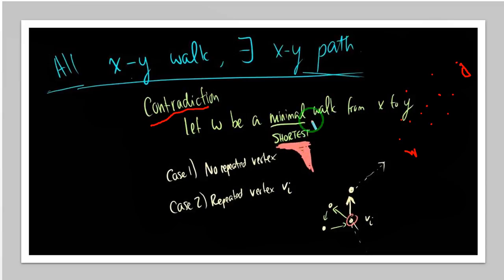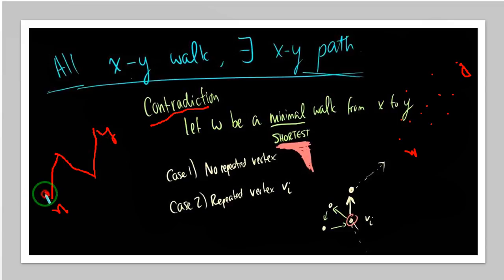So we have 2 cases in this. Case 1, with no repeated vertices. Let's see, this is your x and y, and we have other vertices. We are moving from x to y.